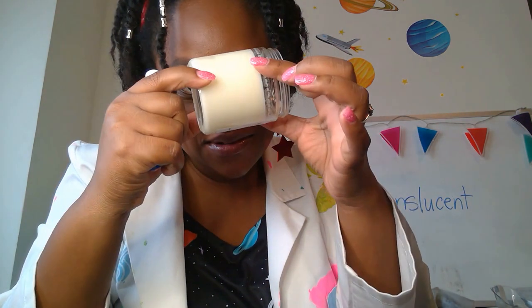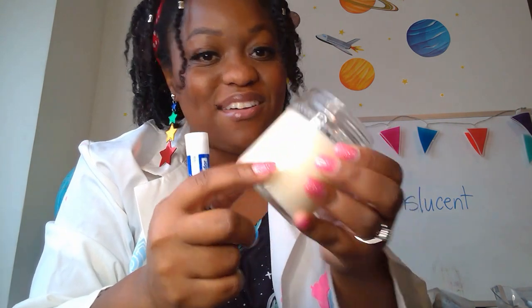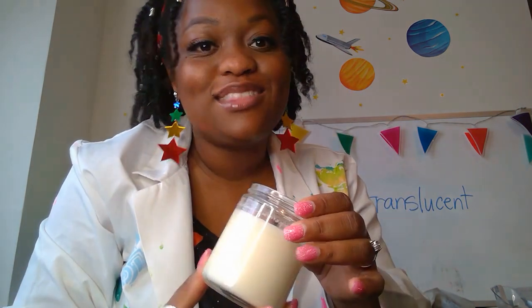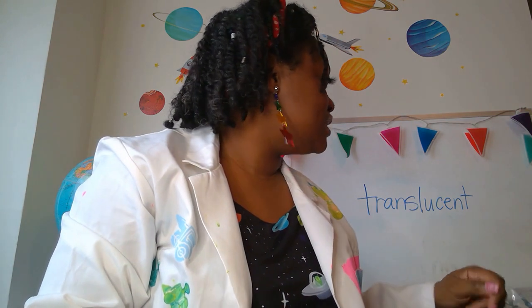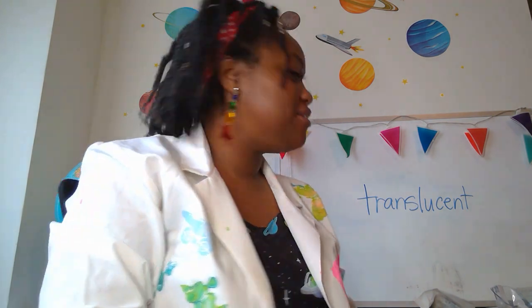I can't see through it at all. Same with this little cup here. I can't see through it. It's translucent. Same as my glasses case here. I don't see anybody. It's translucent. All right. So those are two words that you could use as properties that could describe matter.